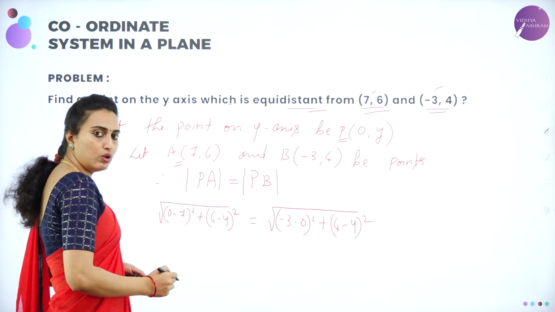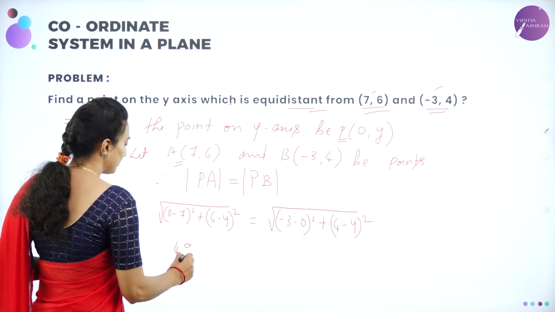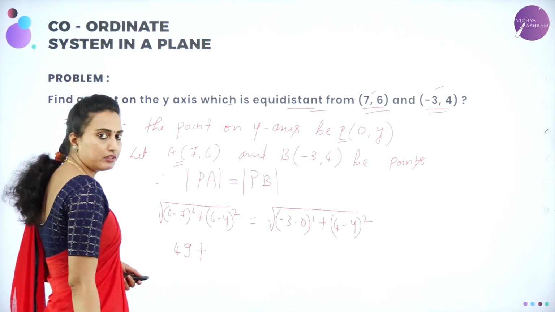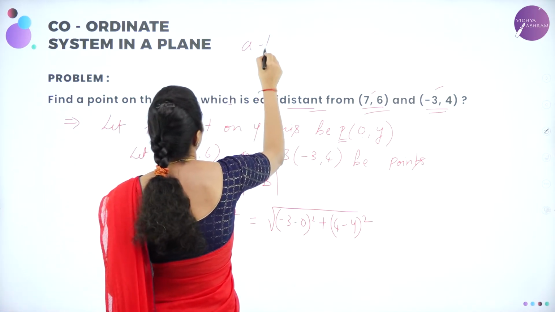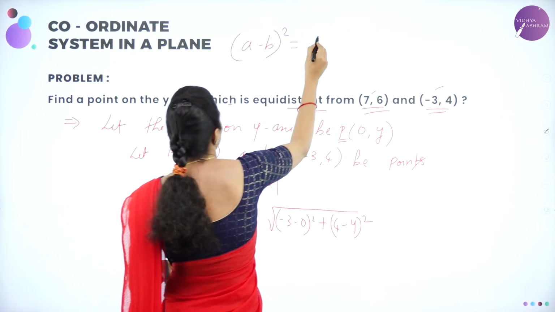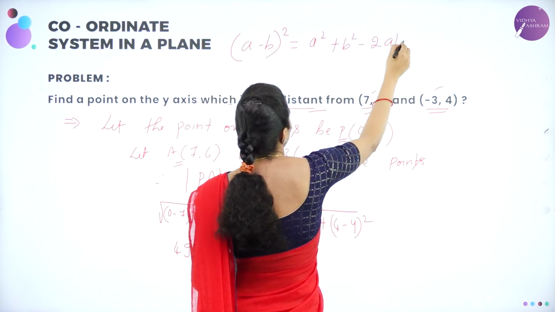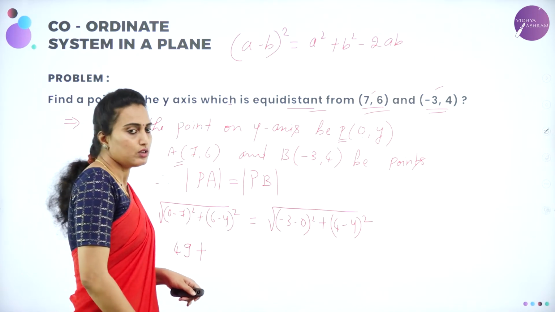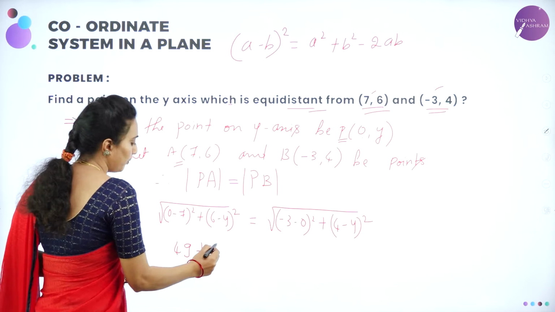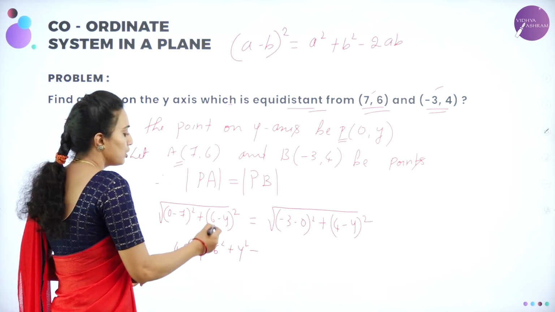0 minus 7 whole squared is minus 7 whole squared, which is 49. Plus, let us expand this one. If I expand, it is a minus b whole squared. What is a minus b whole squared? A minus b whole squared is a squared plus b squared minus 2ab, where a replaces 6 and b replaces y. So therefore, a squared is 6 squared plus y squared minus 2ab.